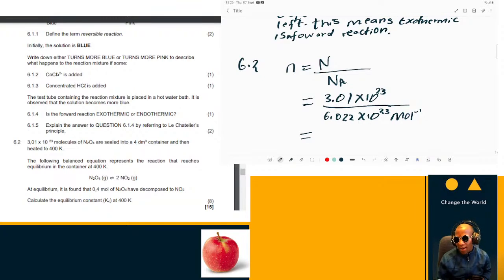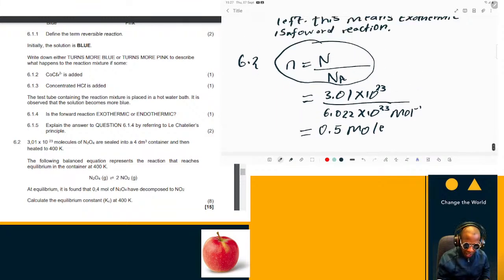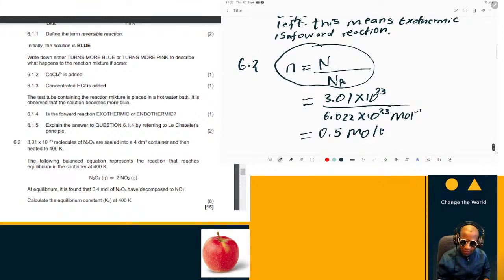But here we are given molecules, not atoms. So we are going to use this equation to calculate the initial number of moles of N2O4, which will give us 0.5 moles.